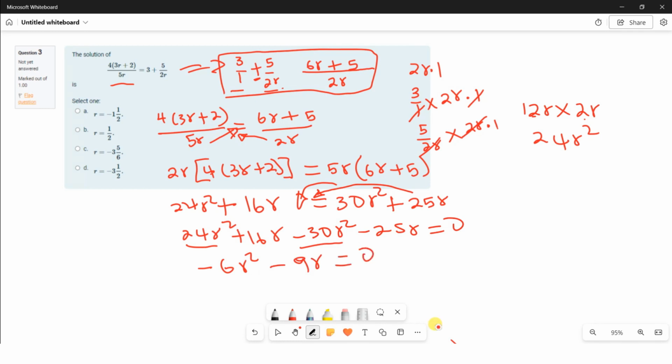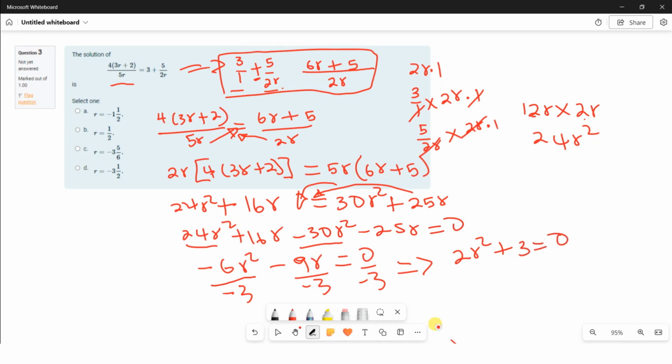We can get rid of the negative by multiplying by minus 1. But since we know that both 6 and 9 are multiples of 3, we can simply divide by minus 3. Then this will become 2r square plus 3r, since 9 divided by 3 is 3, equals 0.